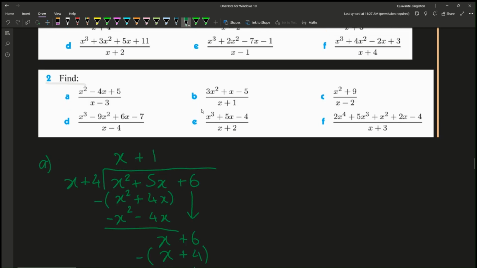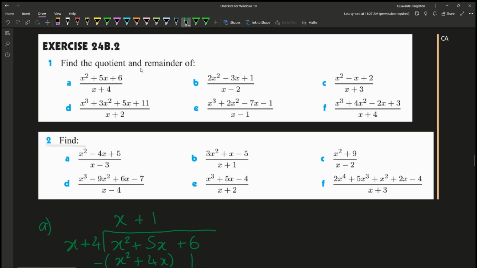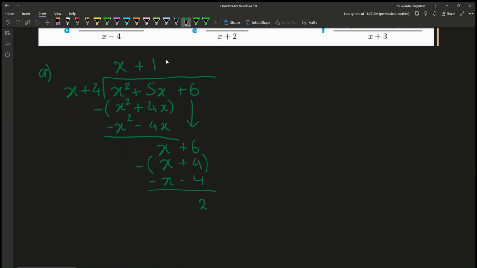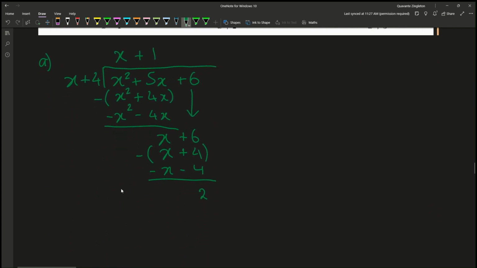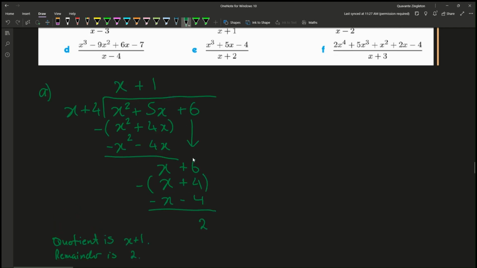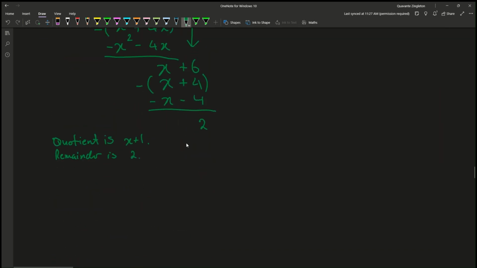The question asked to find the quotient and the remainder. I don't know if you will be doing this, but this is what we've been learning. So the quotient is x plus 1. Remainder is 2. And that's full marks for the question.